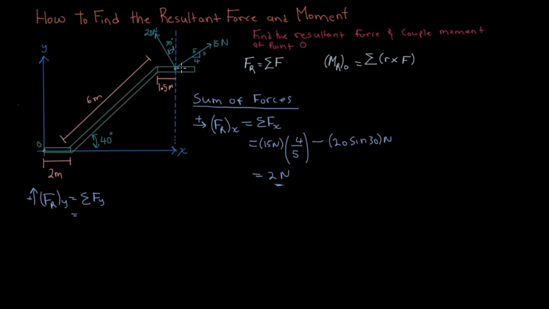As you can see, both forces point upward, so they're both going to be positive. We're going to start with the 15 Newton force, so 15 newtons times this ratio, 3, because we're after the vertical component. So we multiply 15 by 3 divided by 5.